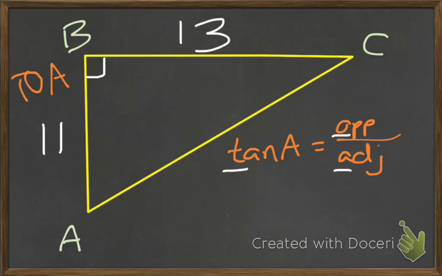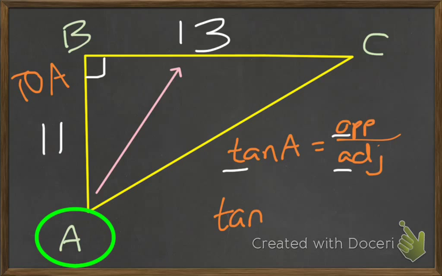Well, here's A, down here at the bottom of our screen. So the opposite side length of A is 13. So we say that tangent of A equals the opposite side length, which is 13, over the adjacent side length, which is 11.